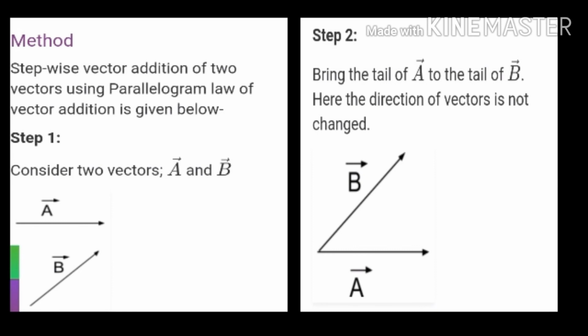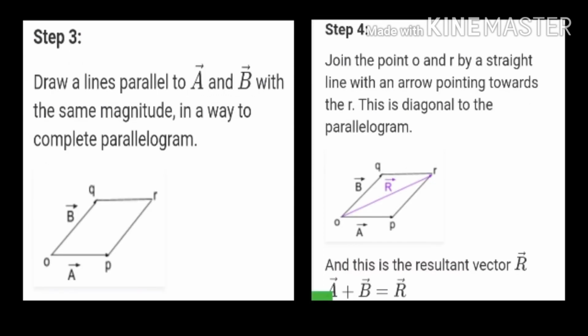Step 1. Consider two vectors, vector A and vector B. Now bring the tail of vector A to the tail of vector B. Here the direction of the vectors is not changed. Now in step 3, draw lines parallel to A and B with the same magnitude in a way to complete the parallelogram.